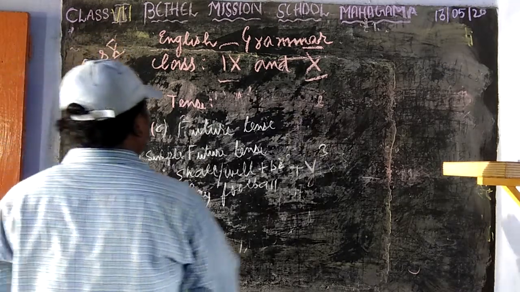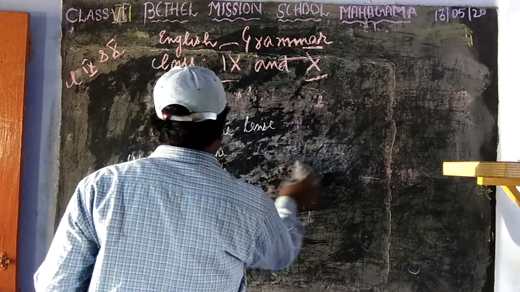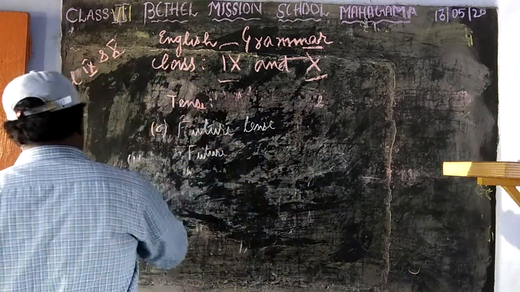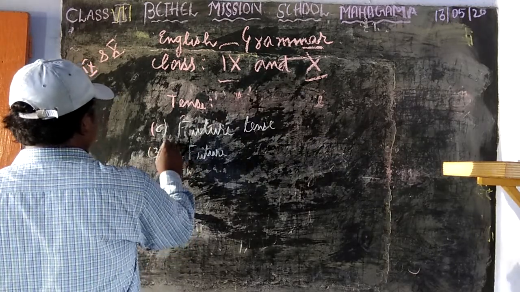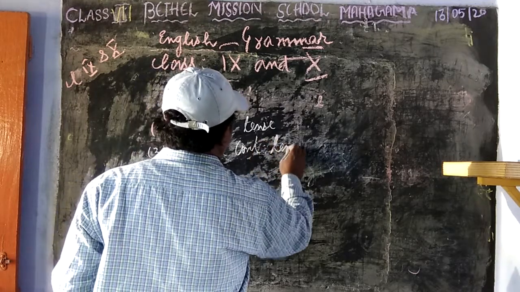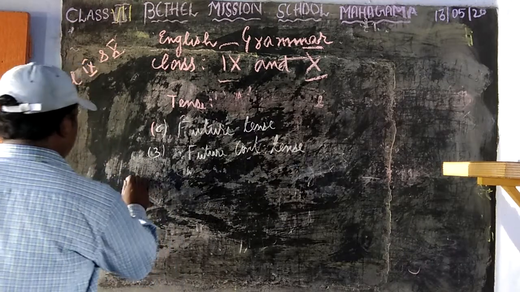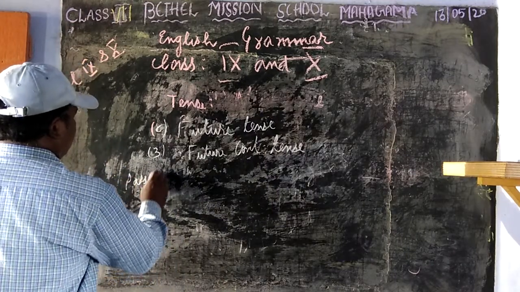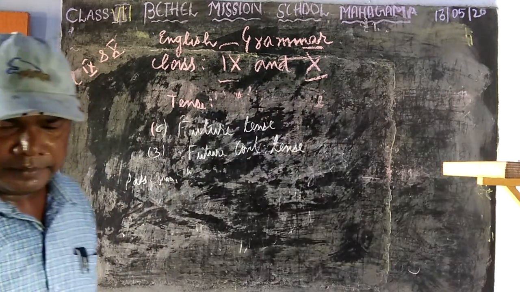Now next is future continuous tense. Passive form is shall, will be being plus V3.